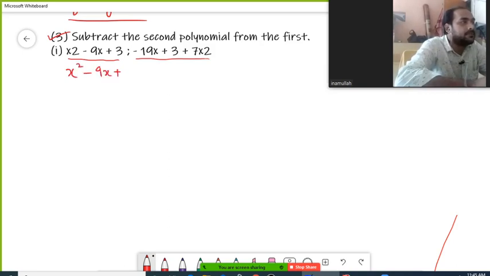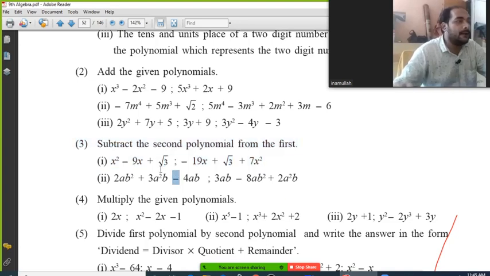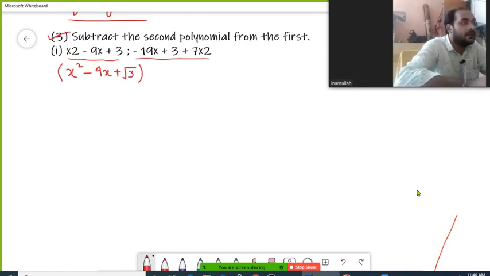9x plus root 3. This is root 3 actually in our original question, but in copy paste it does not appear properly. Look at this. This is root 3, and even this one is also root 3. So remember that in the original question it is root 3, not simple 3, minus my second polynomial.